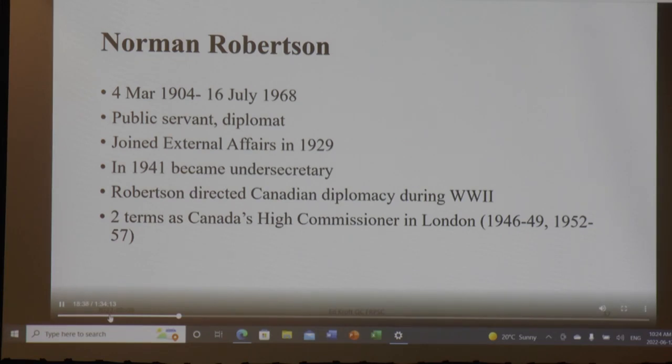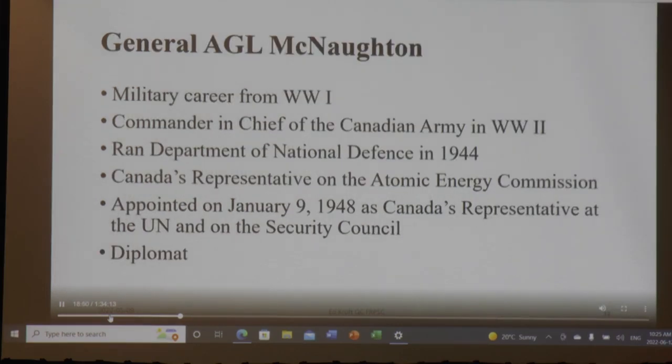All of these people became known in other spheres in connection with the university, teaching appointments, but at this time their careers were on the rise or in midstream, and that's why I'm referring to them. We don't really see this man, General McNaughton, referred to in the External Affairs materials expressly, but he was Canada's representative in the United Nations and was on the Security Council in late 1948 when Canada was there.